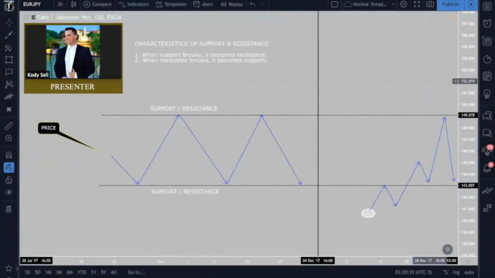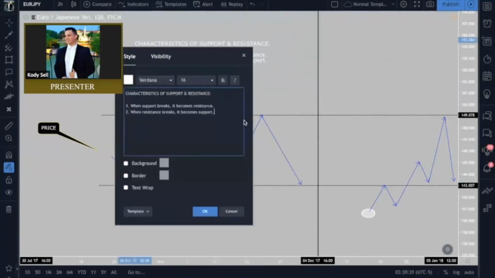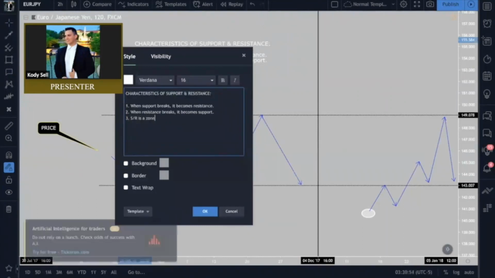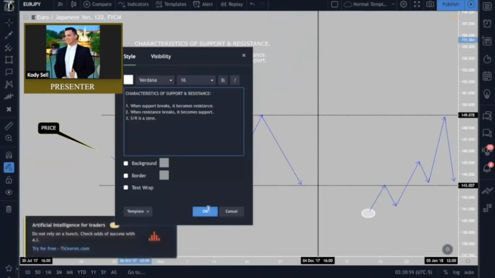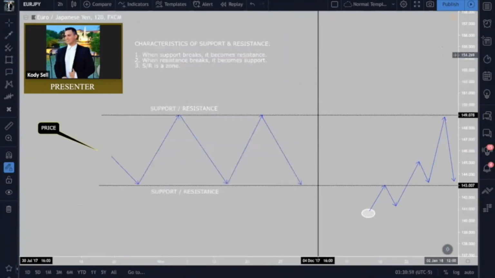Now, there is one other important thing that you need to understand about support and resistance, which is that support and resistance, and we're going to call it SNR for shorthand, and you're going to hear that a lot moving through the rest of the material in the education platform, is a zone, not a solid line. Often depicted as a solid line, though you must understand conceptually, it is actually a zone.